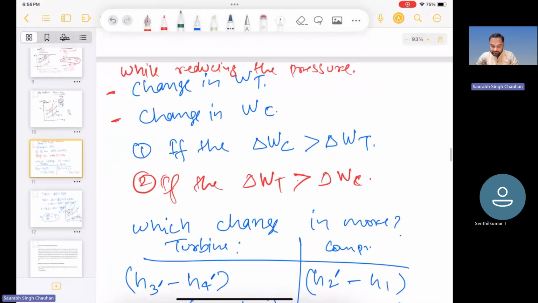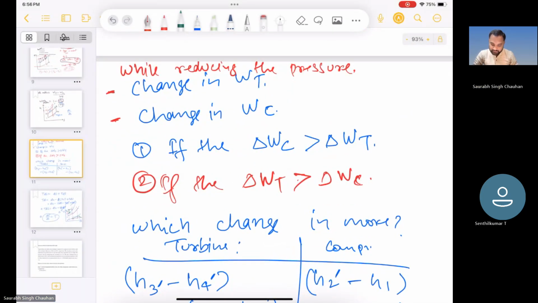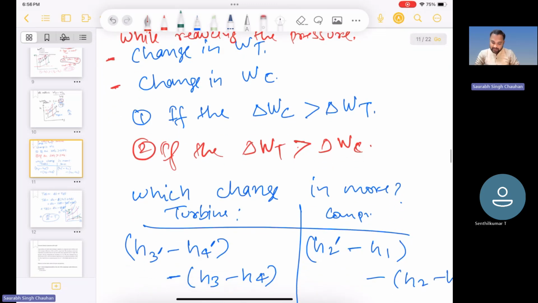So if change in compression work is more than the change in turbine work, then work ratio will increase. And if the change in turbine work is more, then work ratio will decrease.